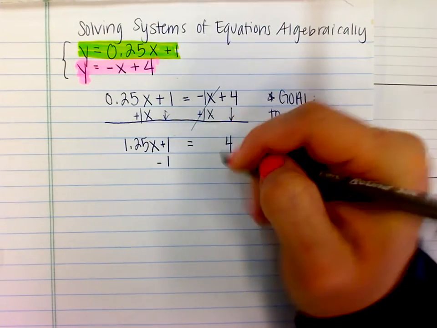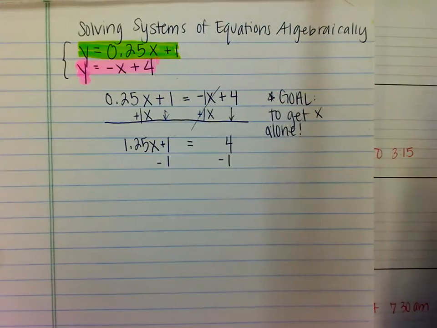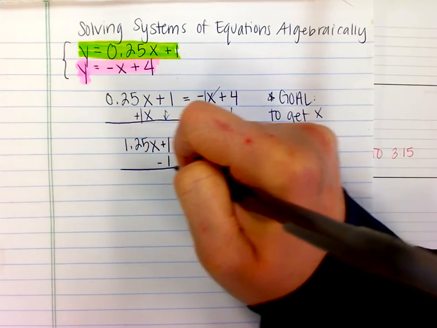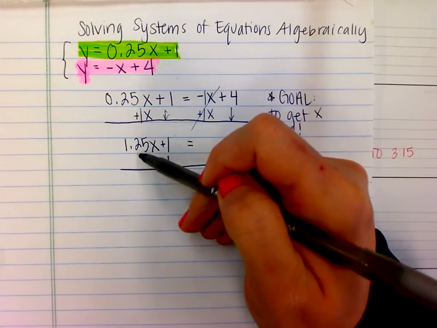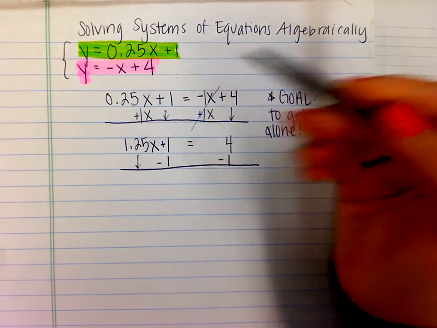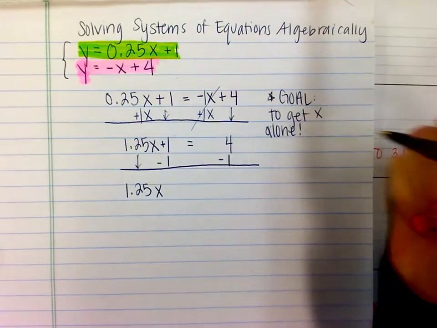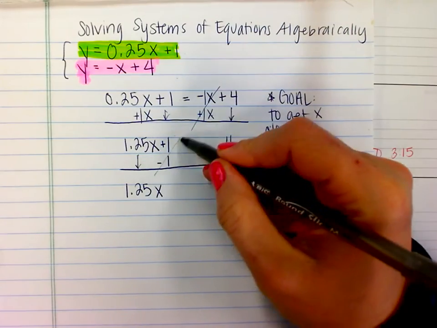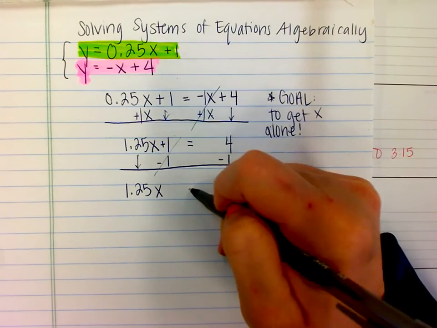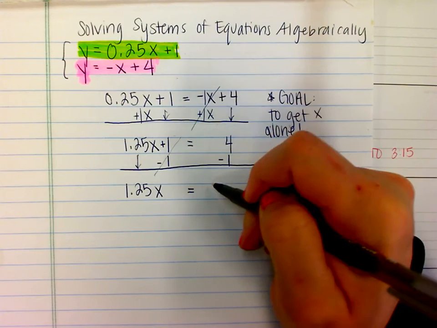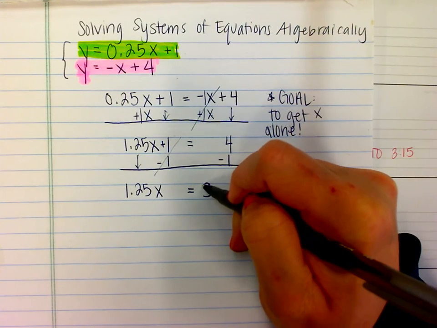Because we want our x to be alone. We want it on its own side. So I'm going to subtract 1 from both sides. Nothing happens here, so we leave it as 1.25x. These canceled, and I'm left with 4 minus 1, or 3.